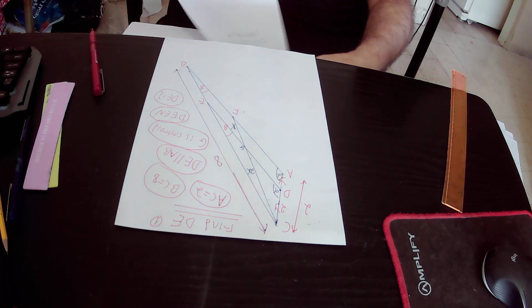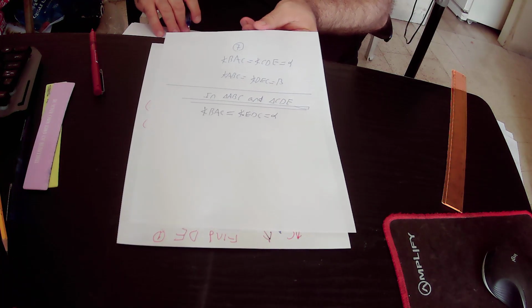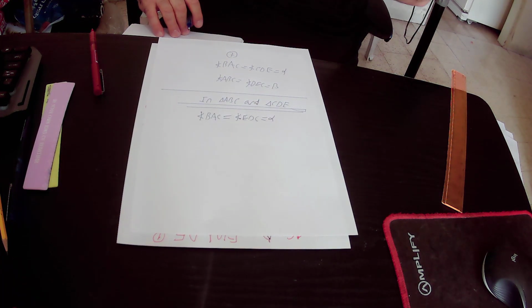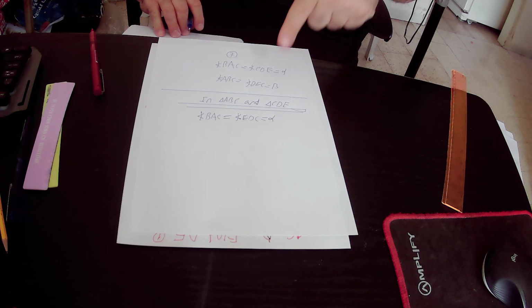Okay, so angle BAC in triangle ABC is equal to angle EDC in triangle EDC.